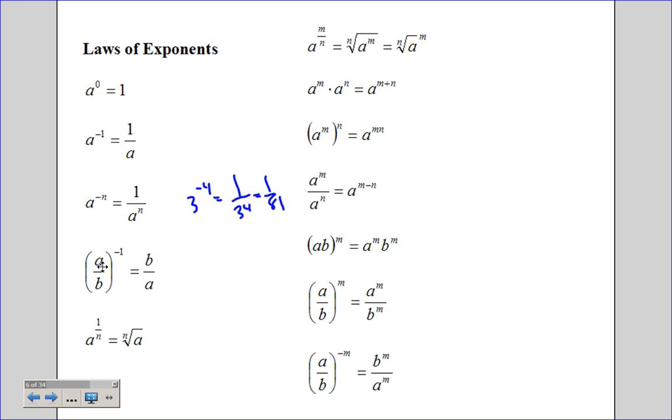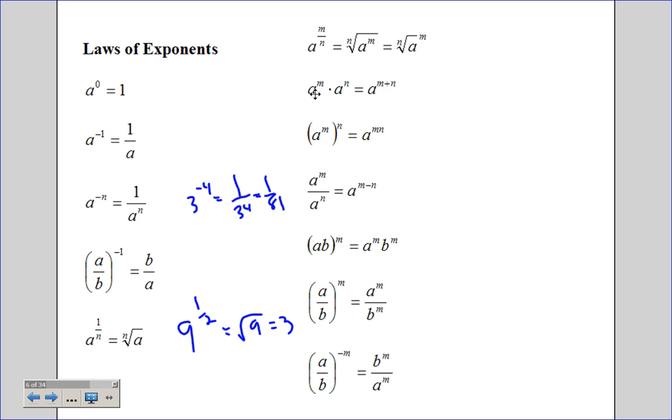If I have a fraction to a negative 1 exponent, that just flips the fraction. If I have a to the 1 over n, that means the nth root of a. So 9 to the 1/2 just means the square root of 9, which is 3. A to the m over n, m becomes the power and n is the root.